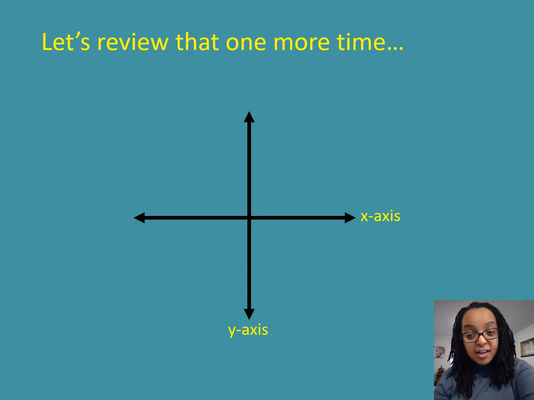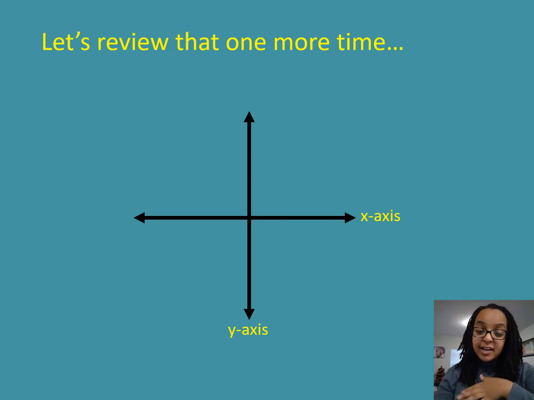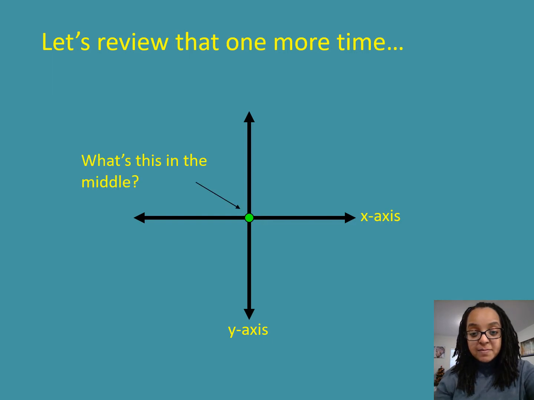If you did not, I want you to go back to the previous slide or rewind the video and listen to that explanation again about the names of the axes and the directions in which they go. Now one last one, I want you to think to yourself what this point here is called, the point where the 2 lines meet or intersect at right angles. Now if you said the origin, you are correct. Very good.